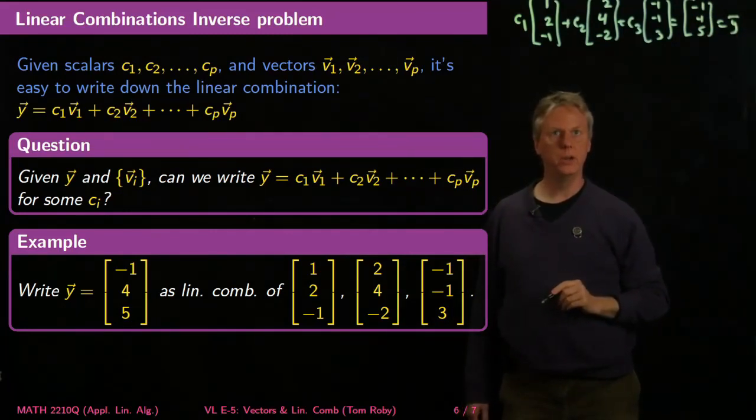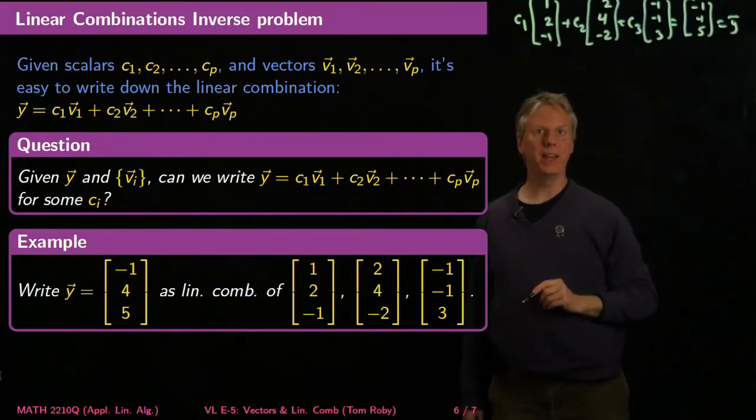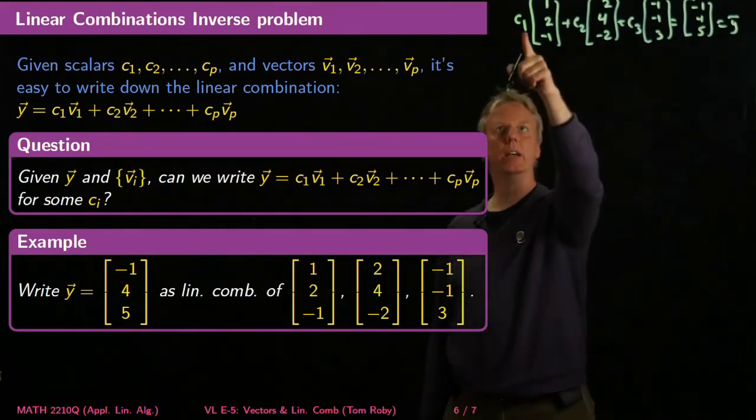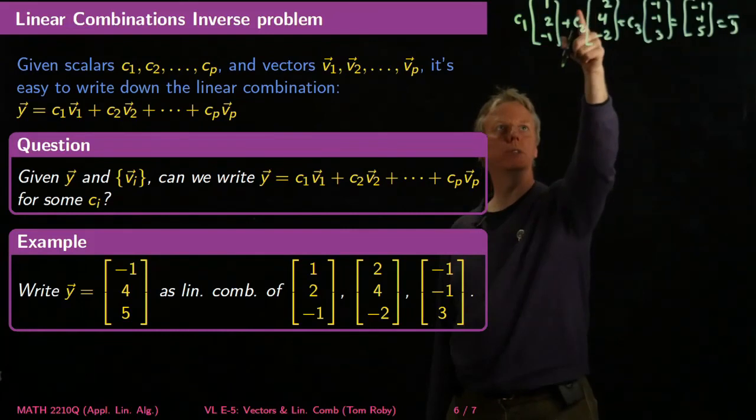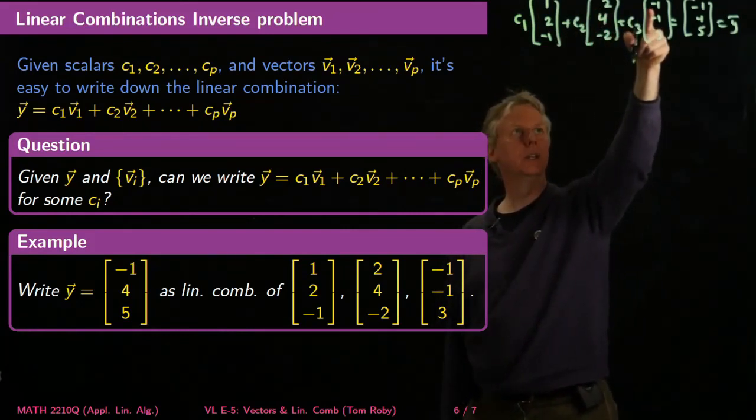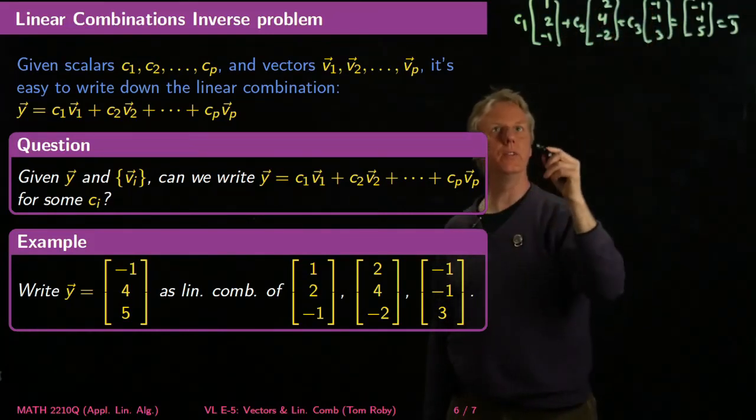And so if you think about that again, what you're really saying is, I need c1 times 1 plus 2 times c2 plus negative 1 times c3 to be negative 1.